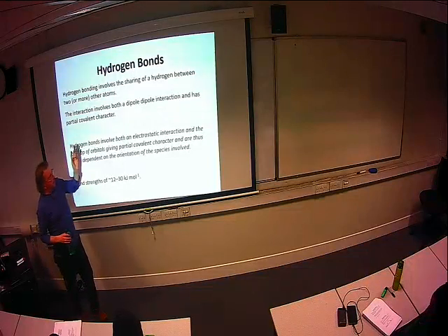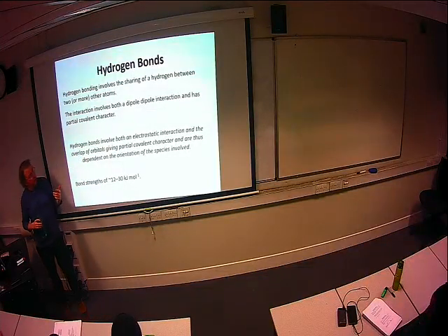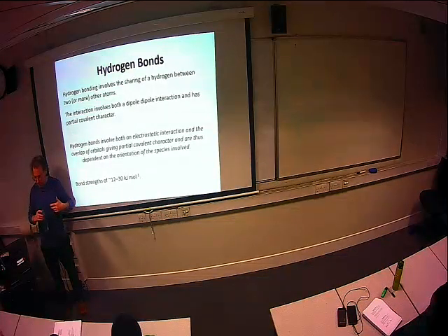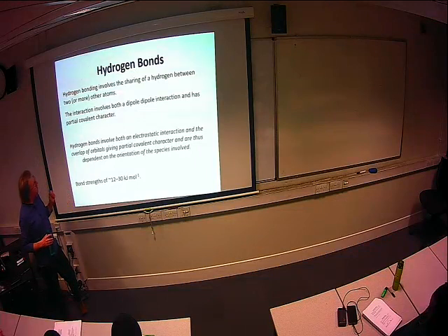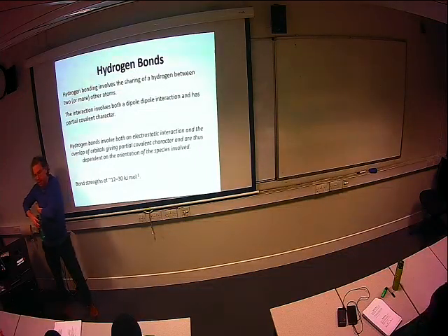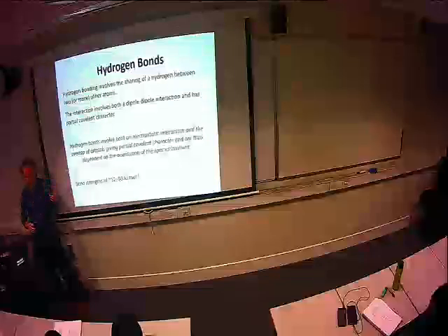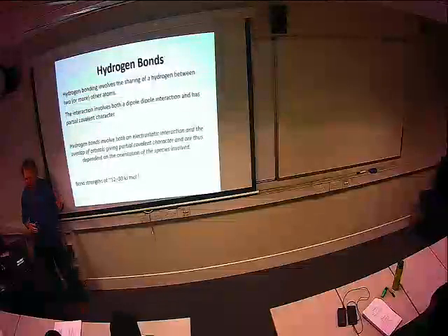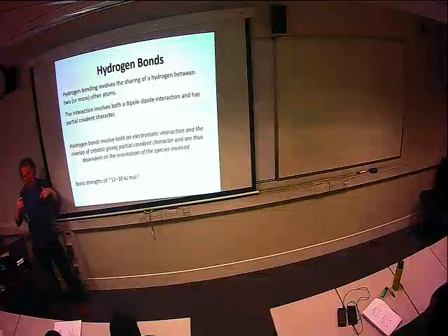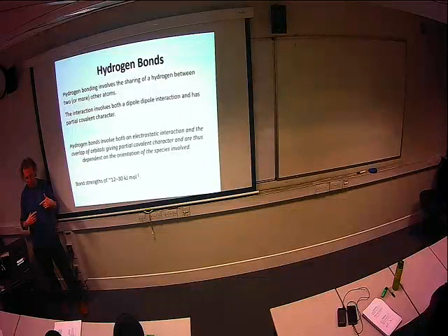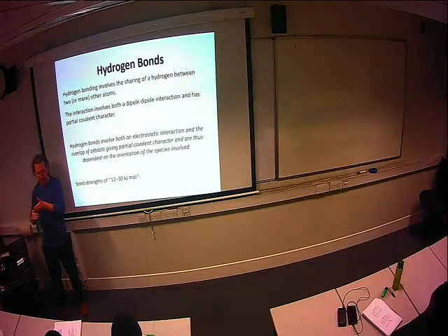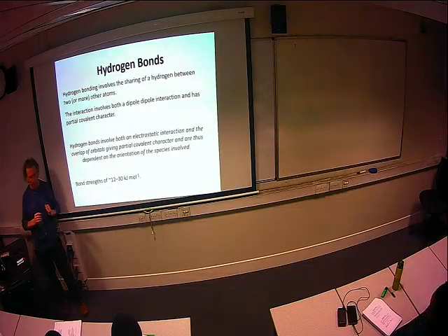So the hydrogen bonding involves some kind of charge interactions, a dipolar interaction involving these partial negative and positive charges. But it's got this very specific character compared to other charge interactions, where you can actually get the beginnings of covalent bond formation occurring between the hydrogen and the other atom with the lone pair.